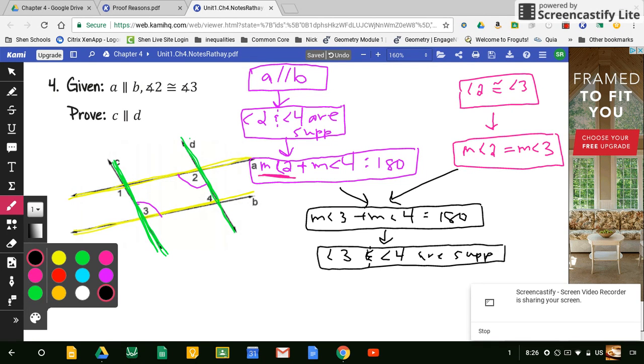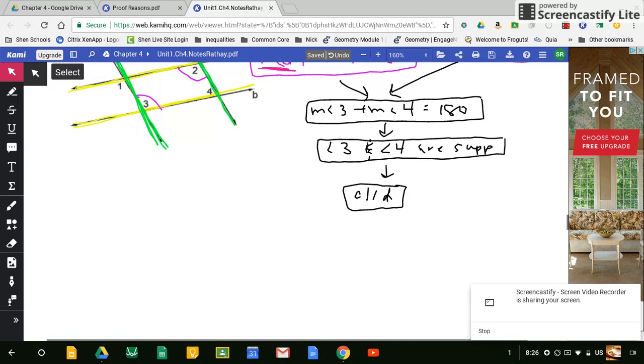And we actually already wrote that once up here. So we could put a Roman numeral 1 and just reference it by saying reason 1. Now that I have those are supplementary, I'm set to say C is parallel to D. And my reason, if 2 lines are cut by a transversal such that same side interior angles are supplementary, then they're parallel. And we're done.